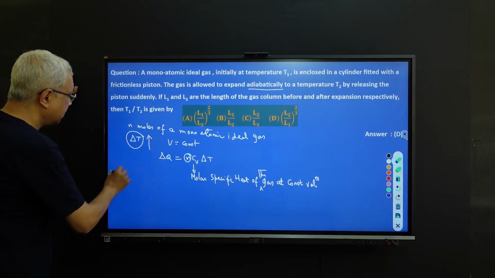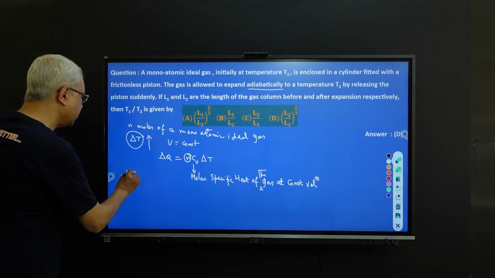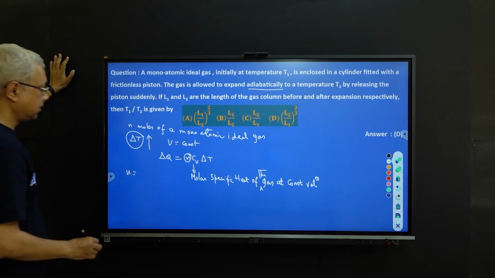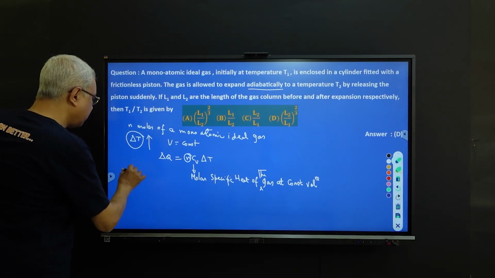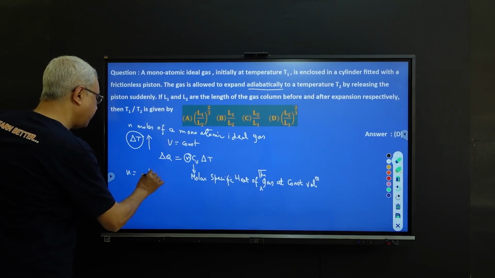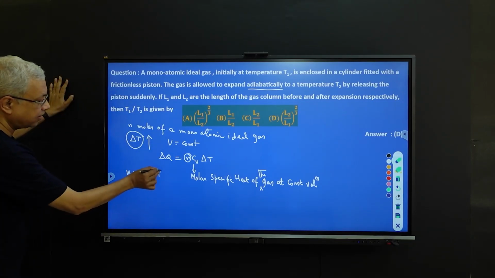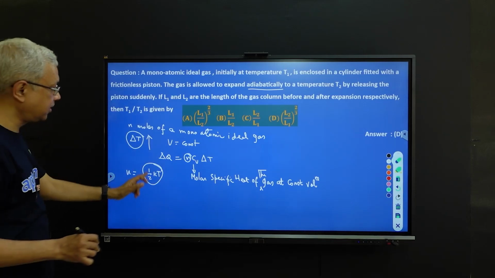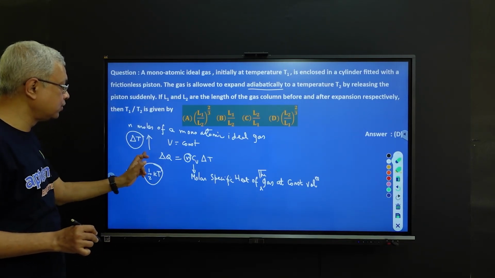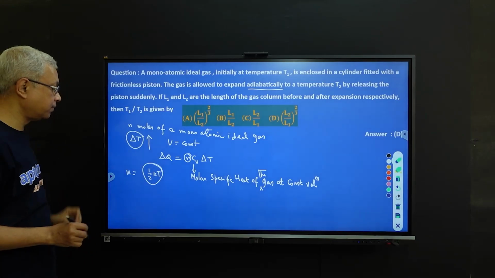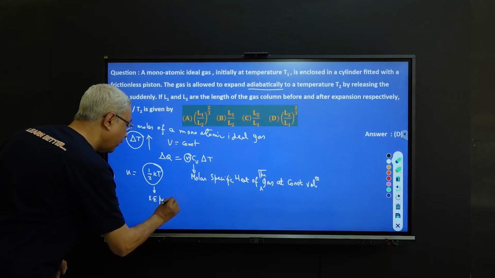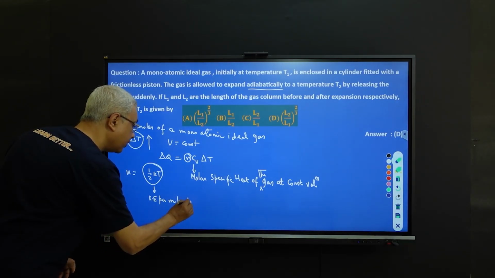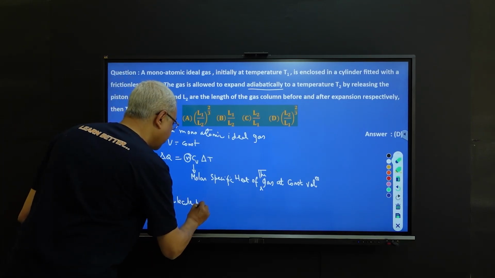Now consider the internal energy, calculate the internal energy of the gas. So it is a monoatomic ideal gas. So for calculation of this, half kT is the kinetic energy of a single molecule of the gas per degree of freedom.